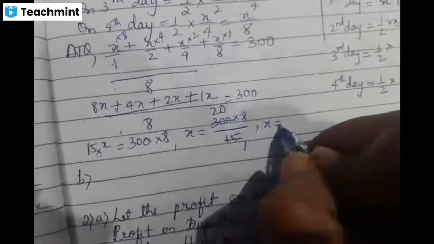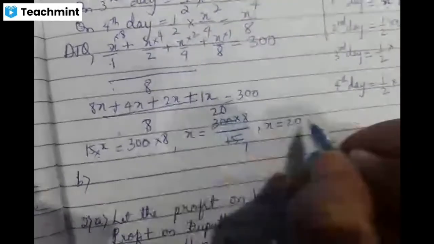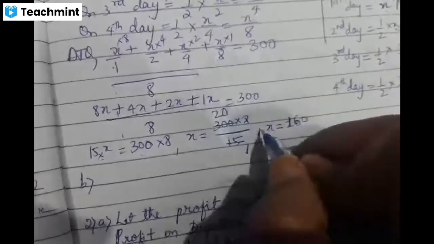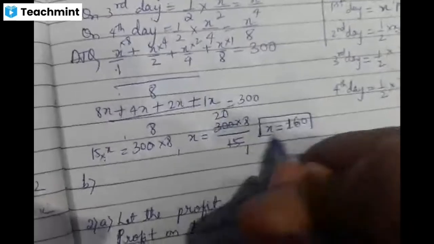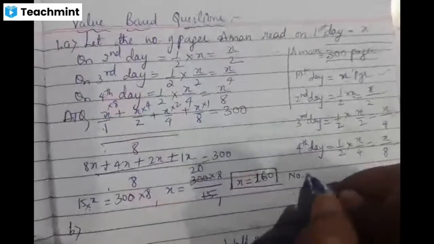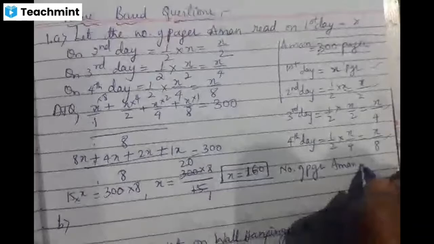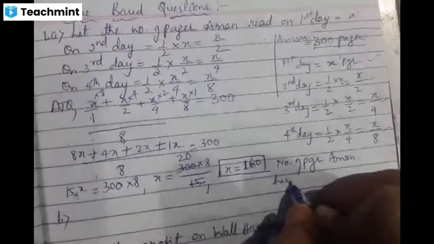Therefore 20, 20 eights are 160, children. Therefore x value is 160. What is x here? We have taken x as the number of pages Aman has read on the first day.